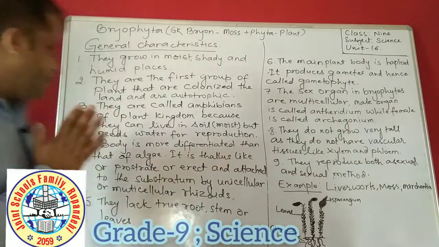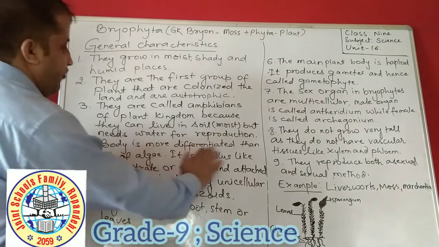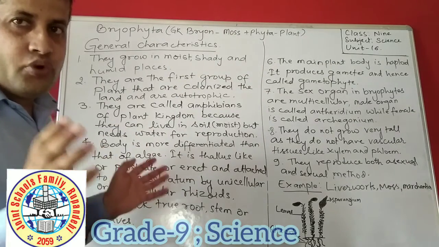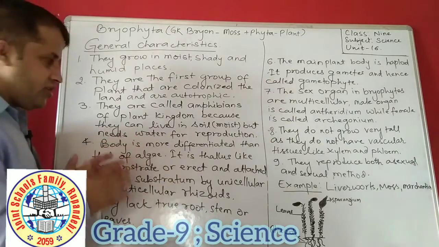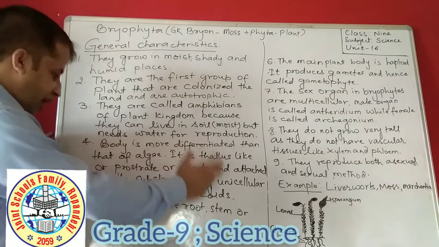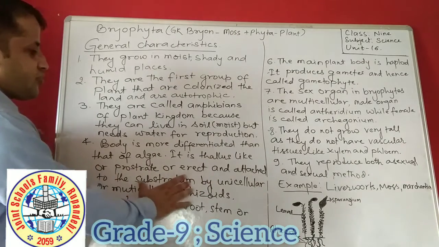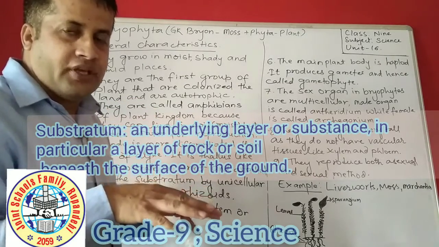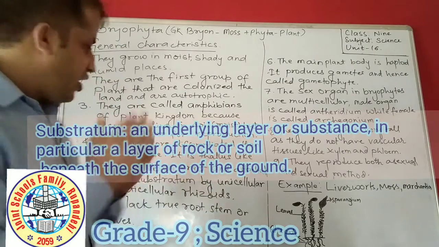The next point is that the body is more differentiated than that of algae. In algae the body is not differentiated into root, stem and leaves, whereas the organisms that belong to this group may have a thallus, prostrate or erect, attached to the substratum. Substratum means they are fixed in one particular place, it may be rock or soil.